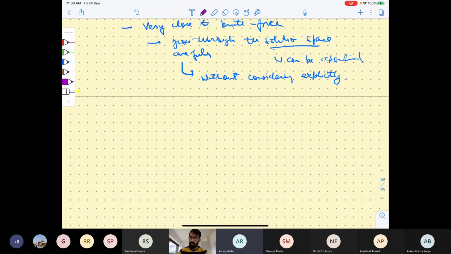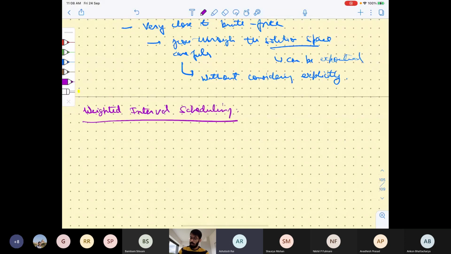So as I was saying, we'll start with an example, which is going to be weighted interval scheduling. If you remember interval scheduling, the input was n intervals, 1 to n.